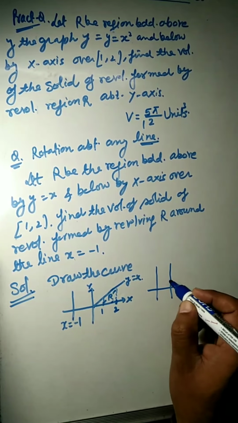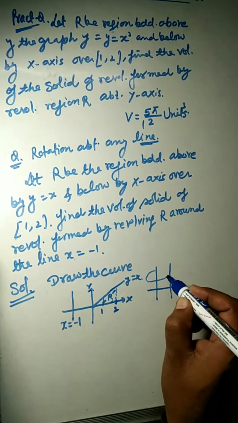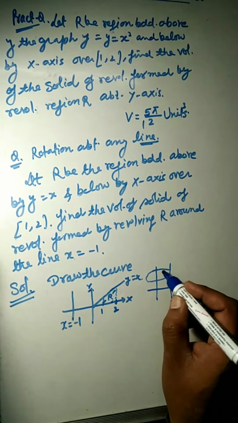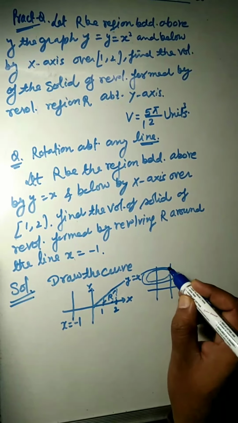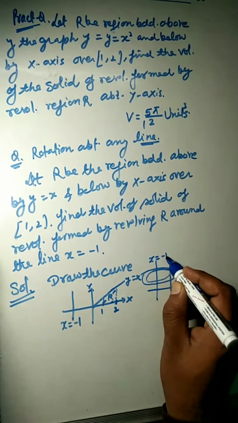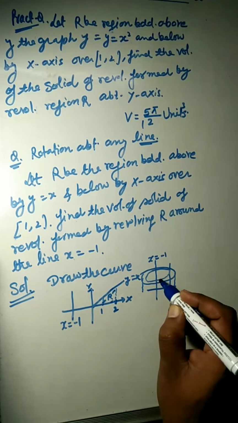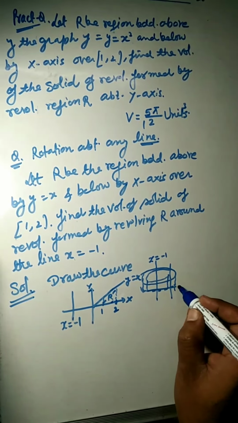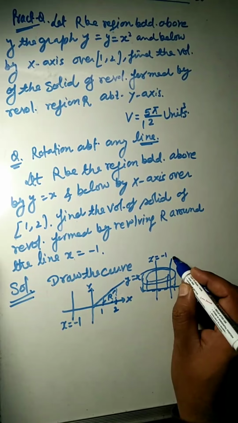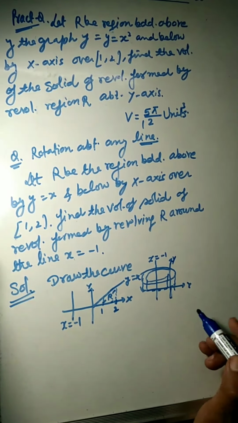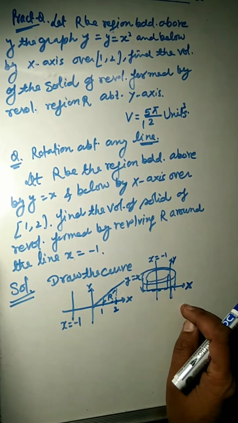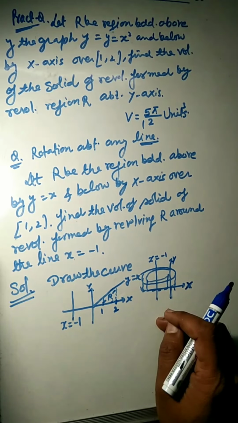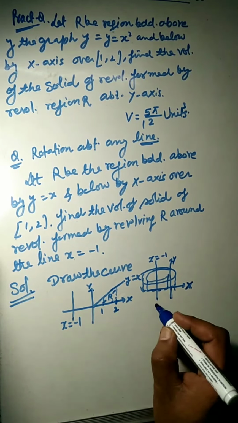Shape of the curve looks like this. This will be the shape of the solid after revolution generated around the line x equals -1.